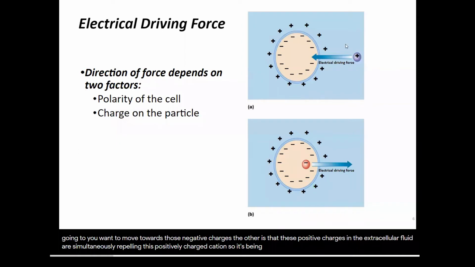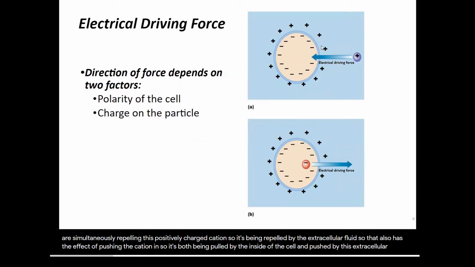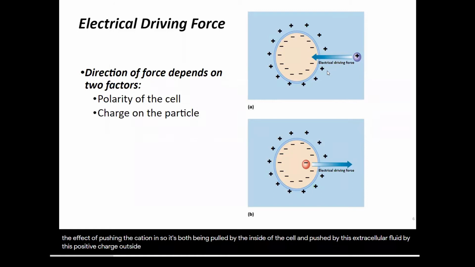So it's being repelled by the extracellular fluid, so that also has the effect of pushing the cation in. So it's both being pulled by the inside of the cell and pushed by this positive charge outside the cell. We see the reverse happening if we're tracking an anion, a negatively charged particle.